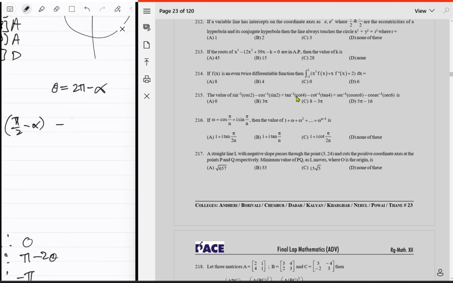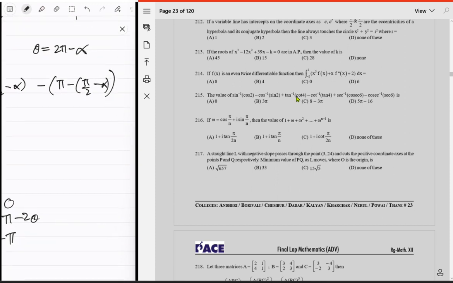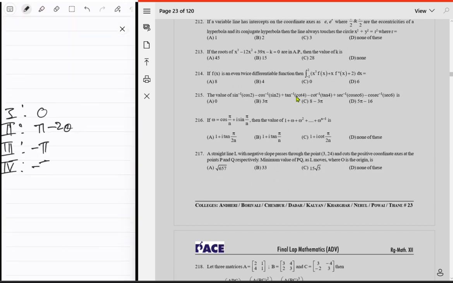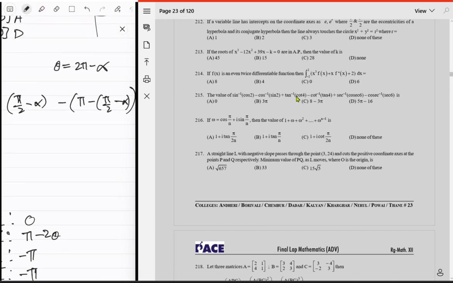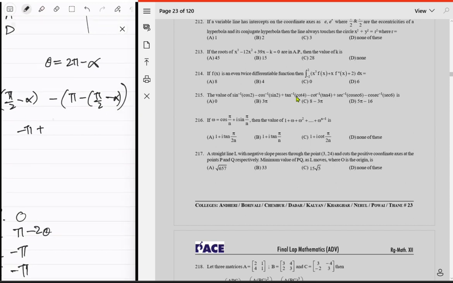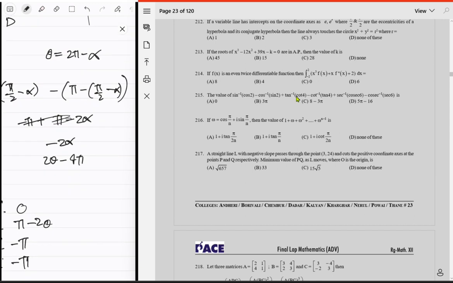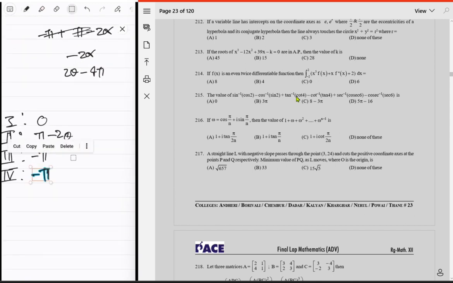They're the same as what we got last time, just negative pi, and then plus pi minus 2 alpha. Okay, this is actually just minus 2 alpha. But then minus 2 alpha is like 2 theta minus 4 pi. So it just comes to 2 theta minus 4 pi.